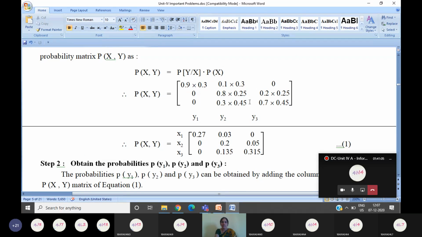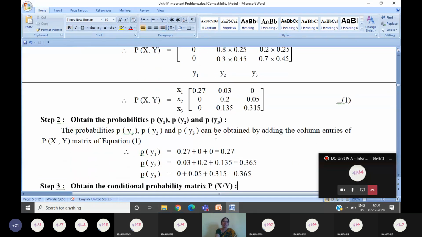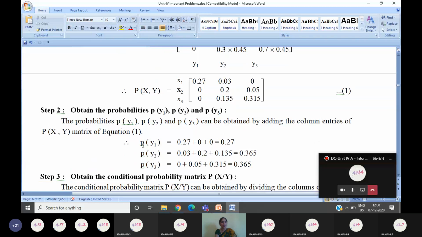P of x2 second row కి మల్టిప్లై చేశారు. P of x3 third row మల్టిప్లై చేశారు. ఓకే, అదే మీరు P of y తో మల్టిప్లై చేయాల్సిన సిచ్యువేషన్ వస్తే ప్లీజ్ multiply P of y1 with the first column. ఫస్ట్ కాలమ్ మొత్తం మల్టిప్లై చేస్తారు. P of y2 second column, P of y3 third column. Okay, so this is how.